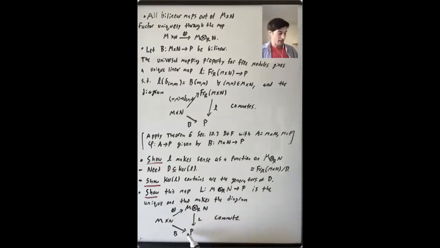You start at M cross N, you apply B, you end up in P, or you go around the other way, you take the tensor, you end up with an element M tensor N, then you apply this L. All right, so I'll pause and erase. I'm not going to do all of the details here. You can find them in Conrad's notes, but I am going to give you some idea of what goes into proving this statement.